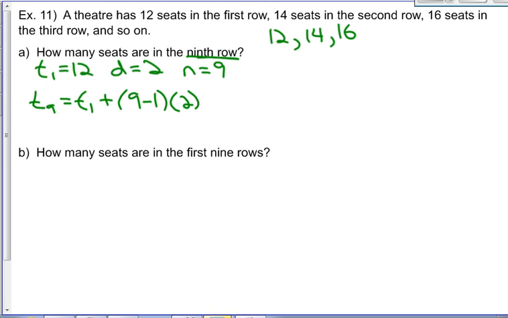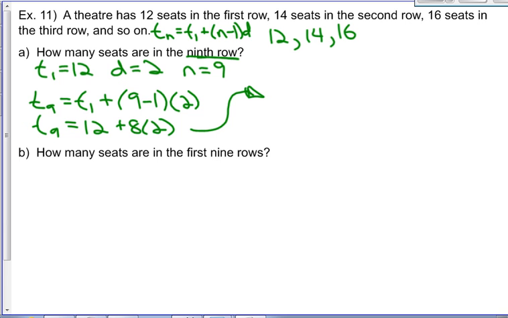That's just coming from our term formula. T9 would be 12 plus 8 times 2, or 12 plus 16 makes 28 seats.